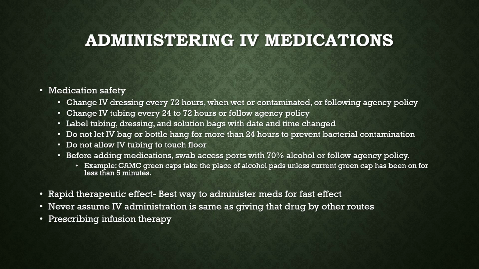If those hub caps, as we sometimes call them, have been on continuously for at least 5 minutes, they're considered to be okay and you don't have to scrub the hub. If one hasn't been on for at least 5 minutes, you'll need to scrub the hub. So you either scrub your hub 15 seconds before giving medications through it, or you use the little hub caps to keep that site clean.